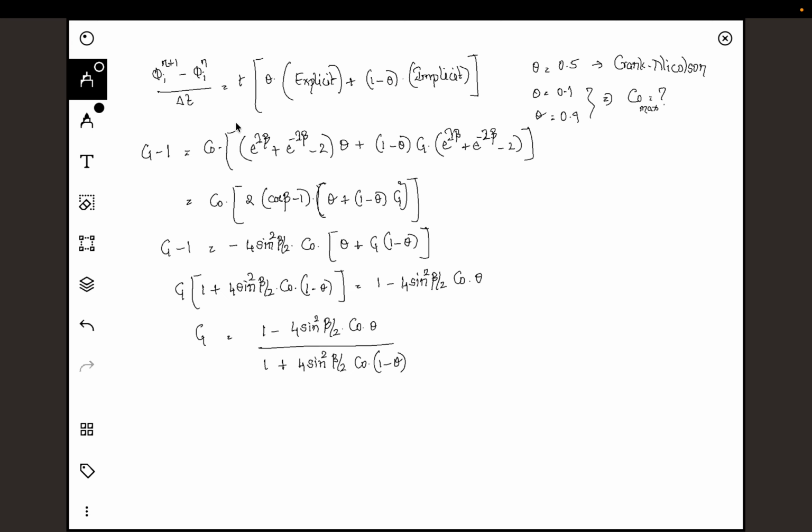So if theta becomes 0, it is an implicit method. When theta becomes 0, this term goes to 0. So this is a positive quantity. So G is less than or equal to 1 for all values of Courant number. That is our implicit formulation.